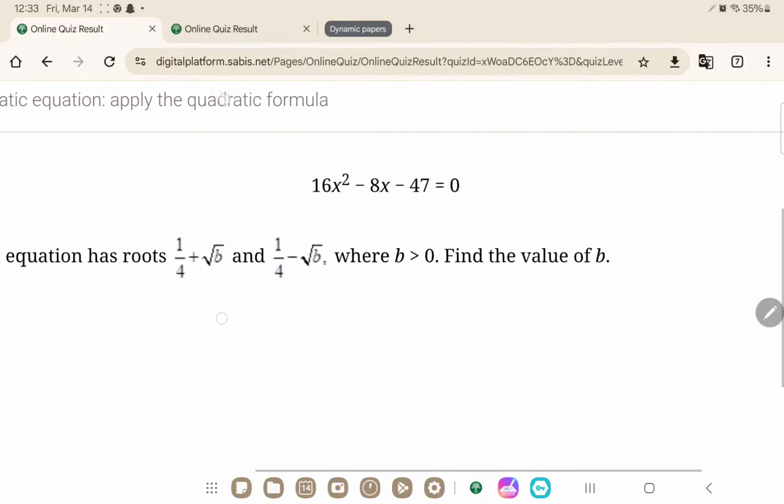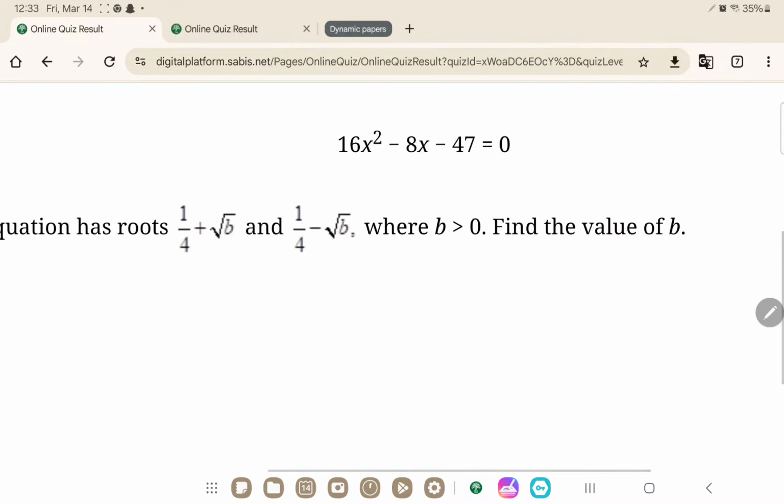Here we have a quadratic equation that we need to apply the quadratic formula to. So for the quadratic formula, first we need to find delta. Wait, no, sorry, let me mute my phone because this keeps interrupting.